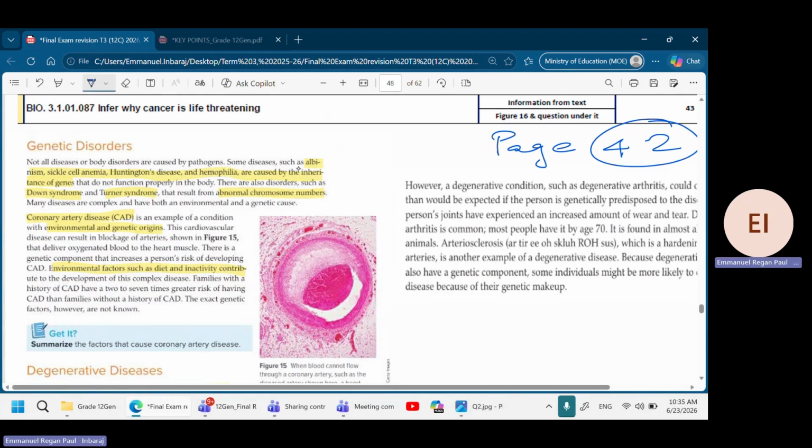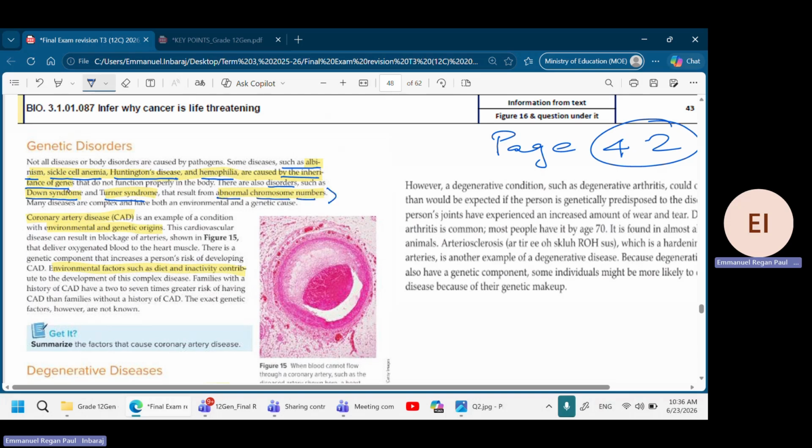Some diseases like albinism, sickle cell anemia, Huntington's disease, and hemophilia are caused by the inheritance of genes. So, these are genetic disorders. Then, some disorders like Down syndrome and Turner syndrome are caused because of abnormal chromosome numbers.